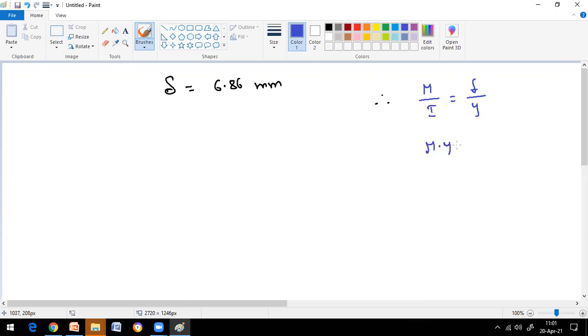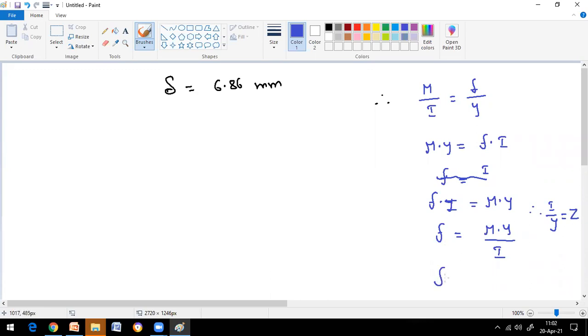Then M into Y is equal to F into I. F into I is equal to M into Y. F is equal to M into Y by I. So what is I by Y? Which is Z. What is Z? Section modulus.